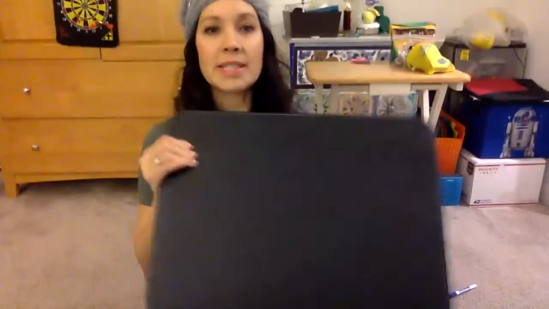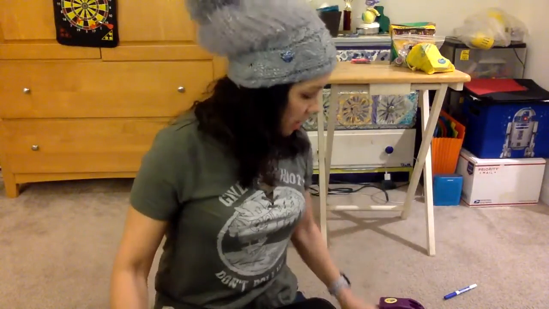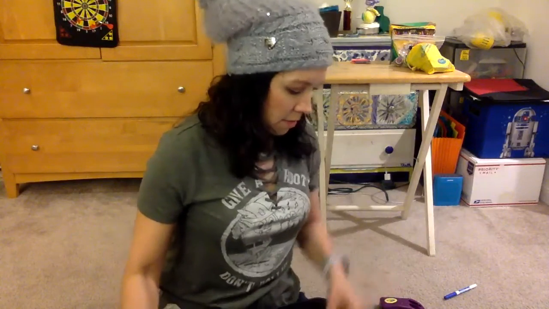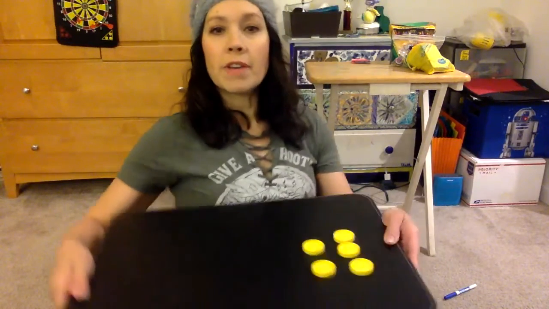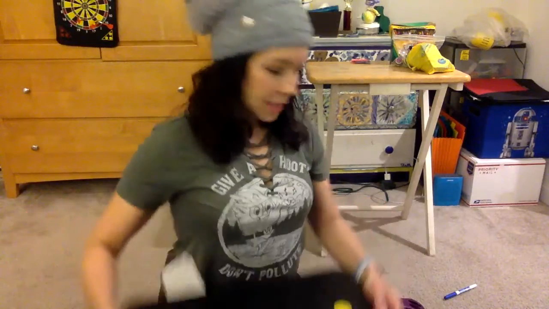Ethan had 5 yellow Connect 4 dots, right? And I'm going to move this so that you can see it on this little desk. So Ethan had 5 yellow dots, right?